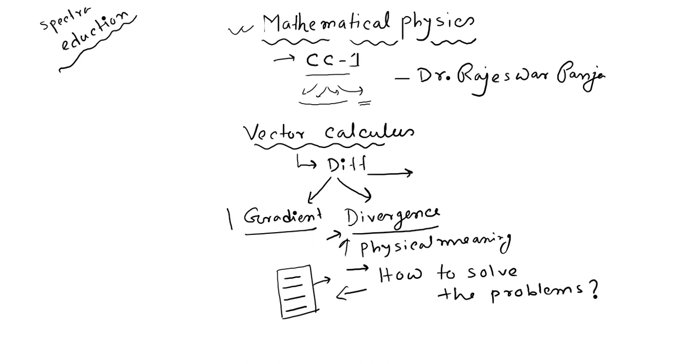I will discuss 4 steps to solve problems based on divergence, and in this lecture I will also discuss the curl of a vector field, its physical meaning and its mathematical definition, and again the steps to solve problems related to the curl of a vector field. So let's start with the divergence of a vector field and the steps to solve the problems.